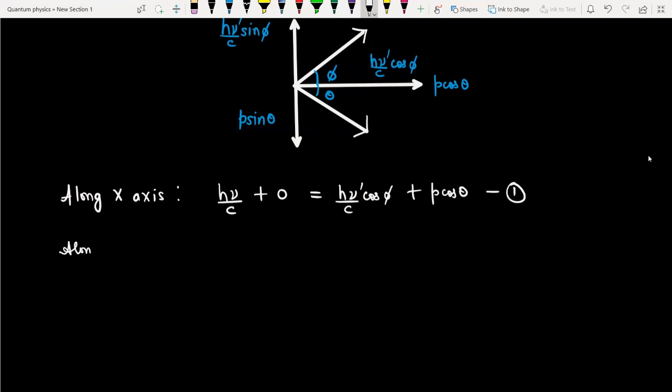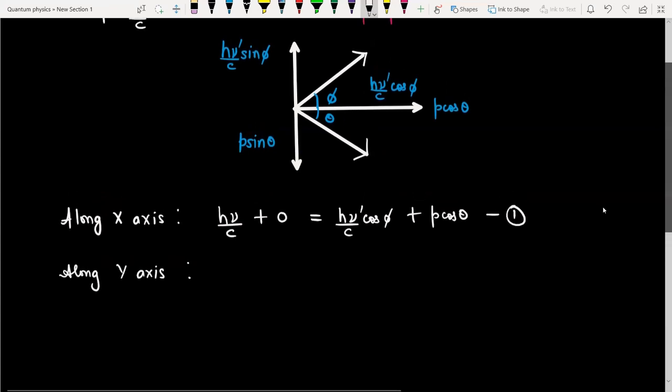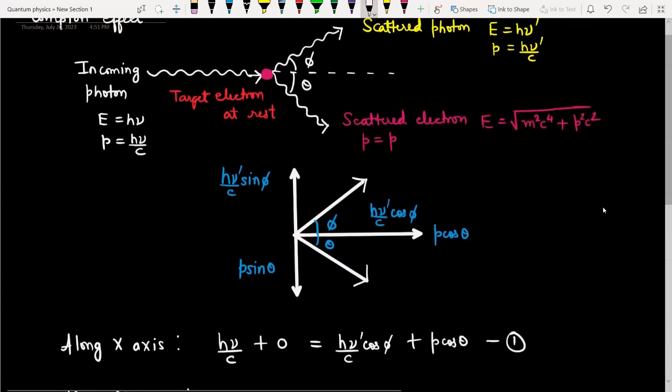What happens along the y-axis? The first thing that is clear is that there isn't any momentum before collision in the y direction, because if you see in this picture, the photon is moving in the x direction and the electron is at rest. So there is no component of linear momentum of the photon or of the electron along the y-axis.